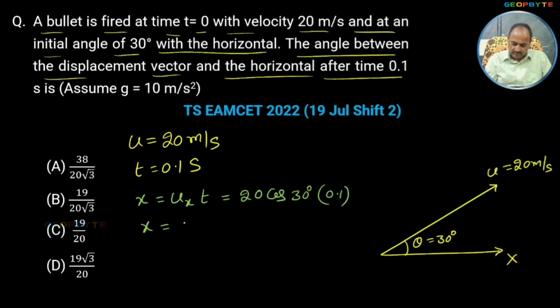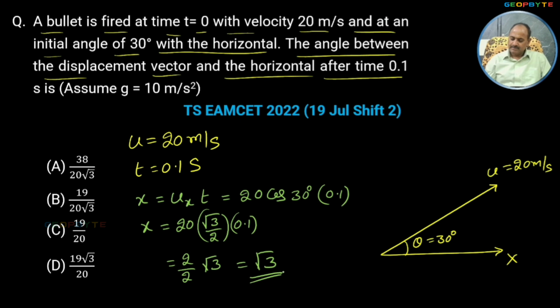So x equal to 20 cos 30, root 3 by 2, into 0.1. It is equal to 20 into 0.1, 2 by 2 into root 3, equal to root 3. That is x.